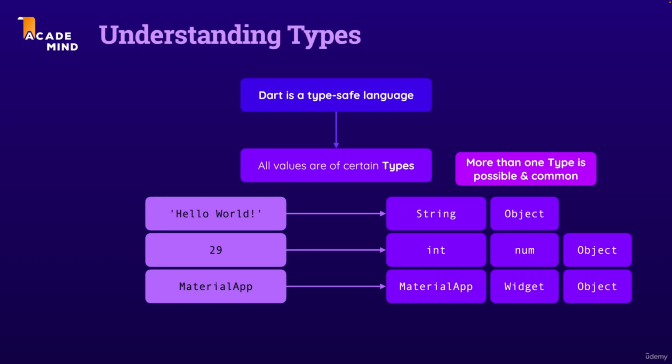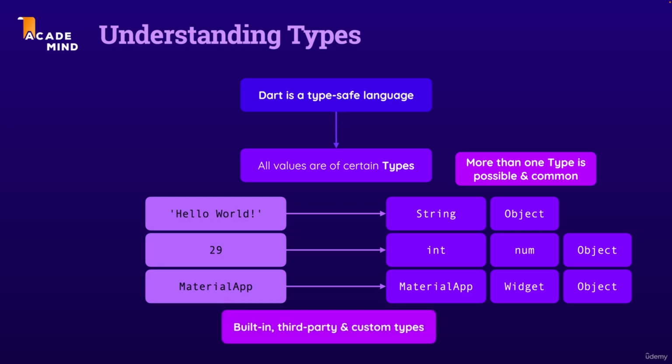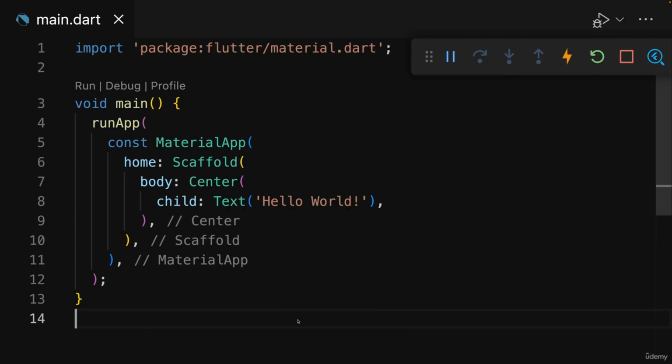And those types are either built into Dart, or provided by a third-party package, or provided by you when creating your own types, which you typically do implicitly. And in our application here, we're also working with types in a lot of different places. But why does this type feature even exist? Why does it matter that this text is technically of type string?